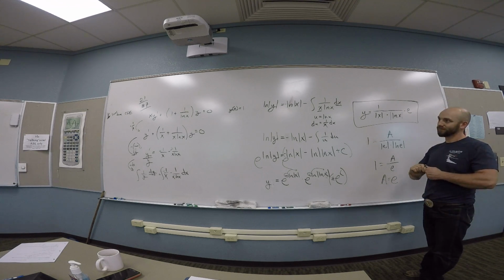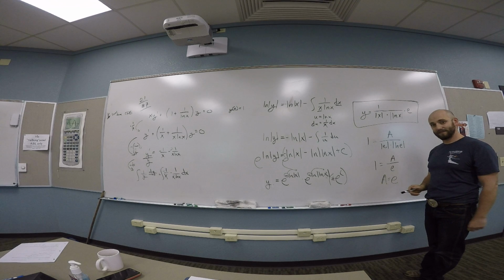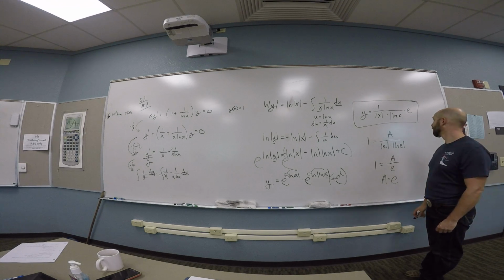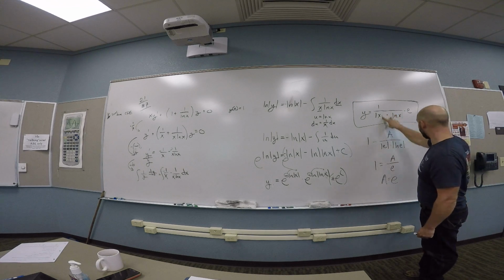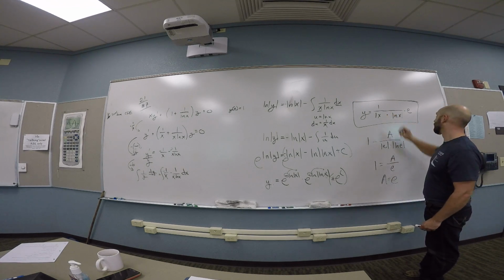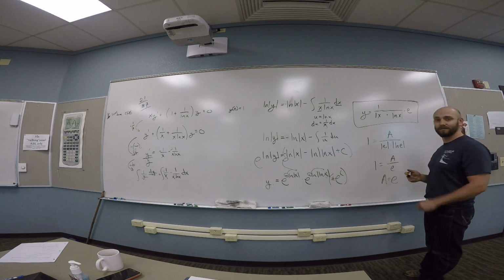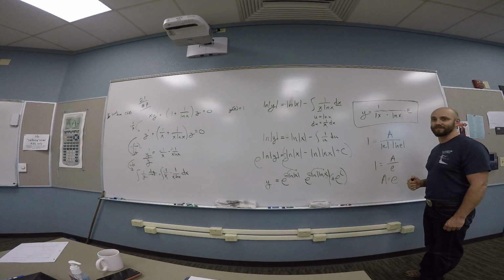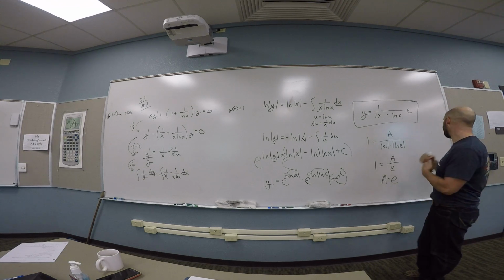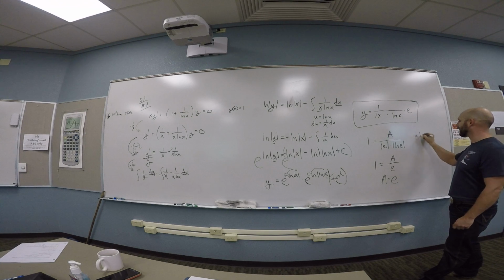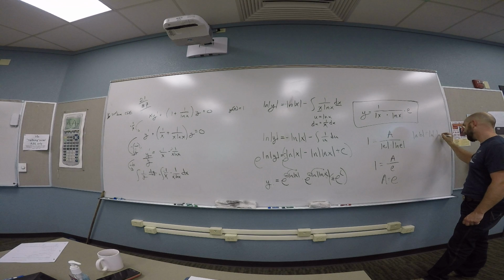Can you multiply those and combine the absolute values, or is that not something that's possible? The rule you're applying is that the absolute value of a times b is equal to the absolute value of a times the absolute value of b.